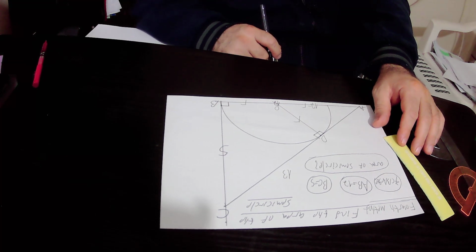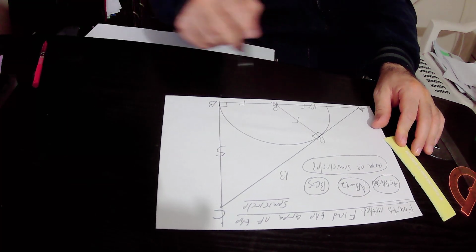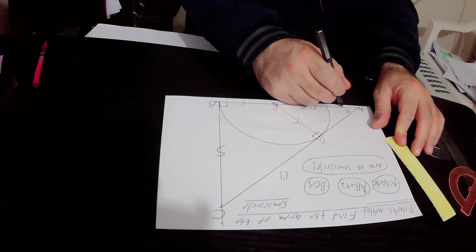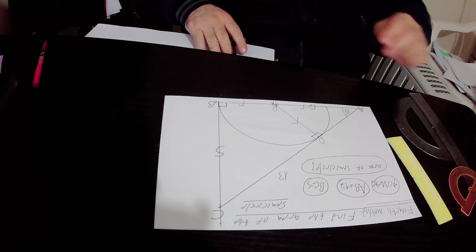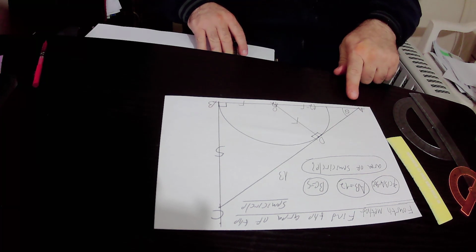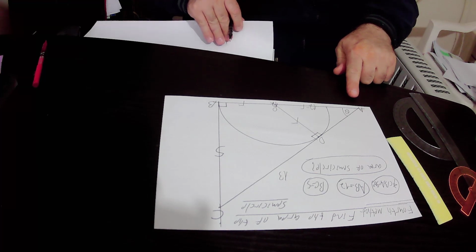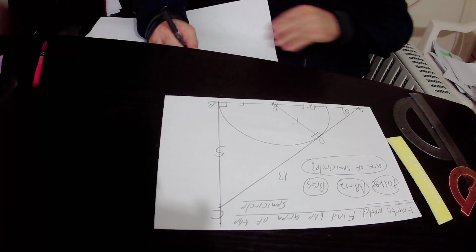And we will define angle CAB as theta. Okay, we defined angle CAB as theta. We will focus on the big right triangle, triangle ABC.